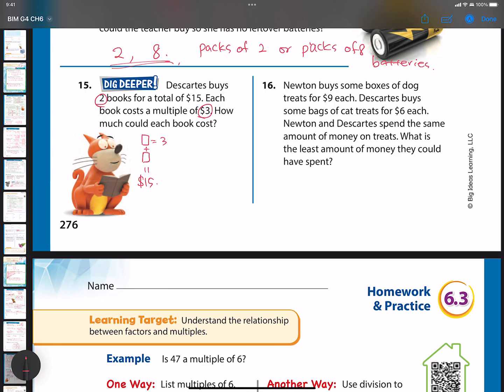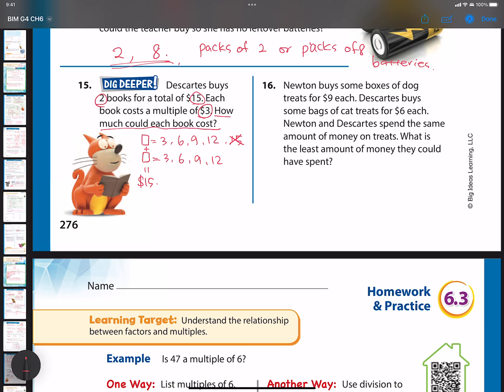It can be possible 3, 6, 9, 12, 15. 15 can't be because he bought 2 books, right? And here also 3, 6, 9, 12. Those are the multiples of 3, and when you add 2 numbers together, it has to be what? $15. And how much could each book cost?